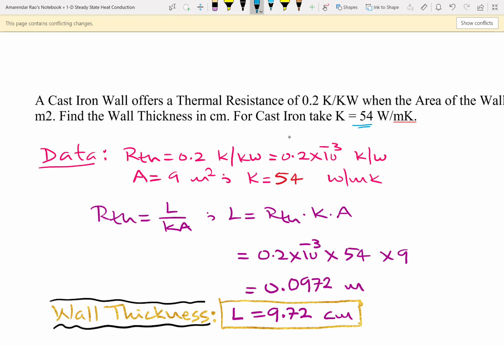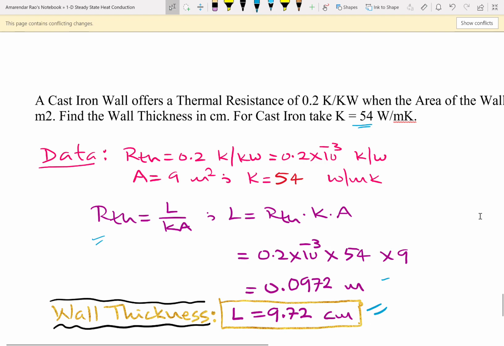That's 0.2 10 power minus 3 Kelvin per watt. Area 9 meters square, K is 54. And we know that R thermal is L by KA. So L will be R thermal into KA. And if you substitute all this, your L will be 0.0972 meters. And if you multiply by 100, it's going to be 9.72 centimeters.